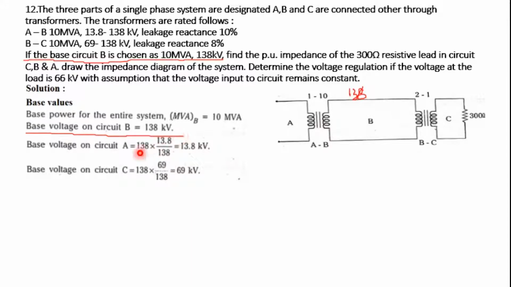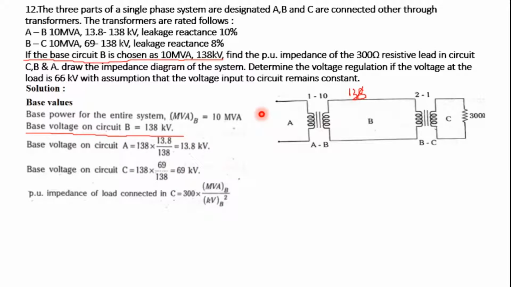So 138 into 13.8 divided by 138, so we get 13.8. Similarly for the circuit C, it is 138 into the B to C rating 69 divided by 138, so we get 69. So there is no change in the values.